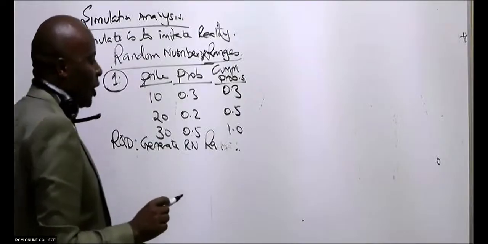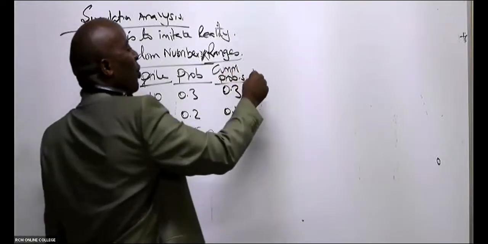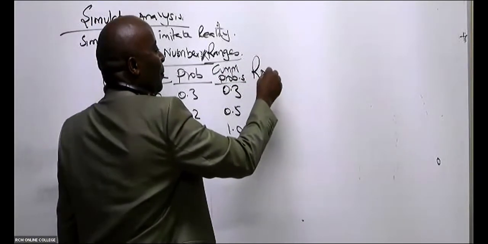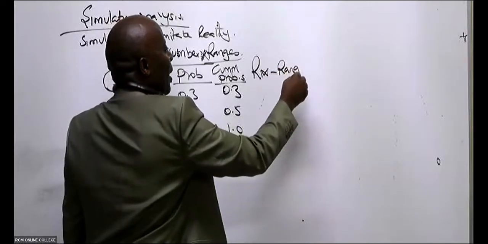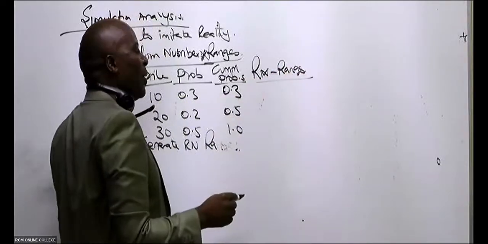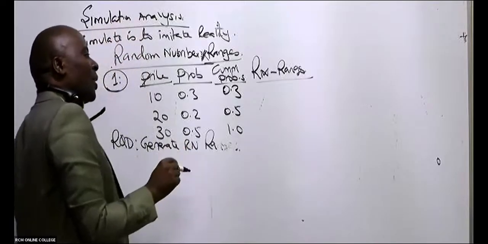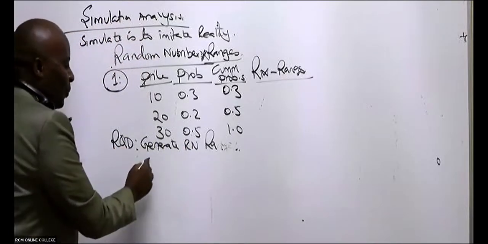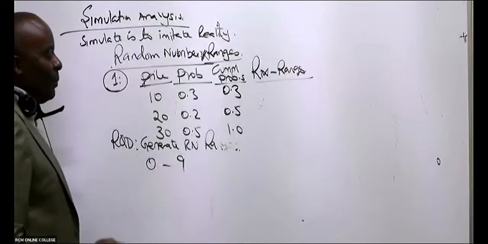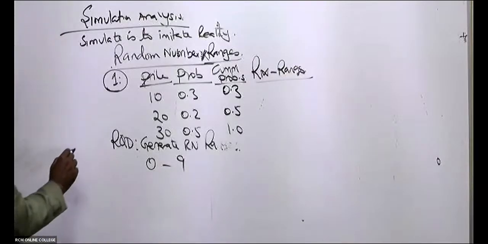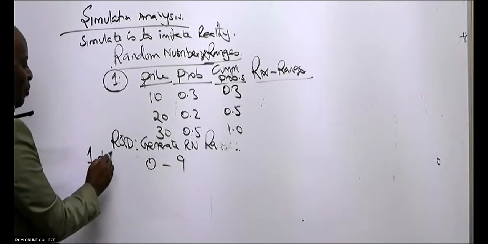Now from there, ladies and gentlemen, you can give us what we call random number ranges. Remember, these ranges begin from 0 to 9 when you have 1 decimal place.